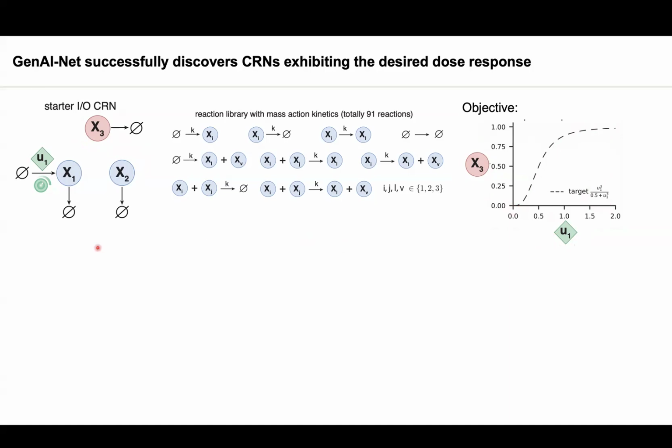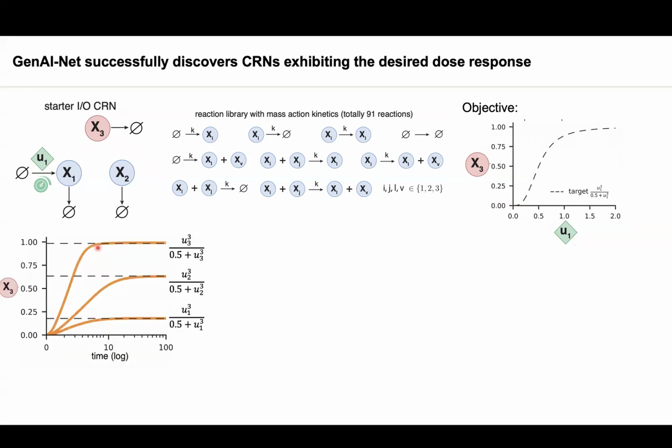By simulating this, the AI gets... Before that, to form the loss function for this objective, what they did is, for the different inputs, which I noted as U1, U2, and U3, we can compare the steady state of the X3 and our desired value, which is the hill function of the input.